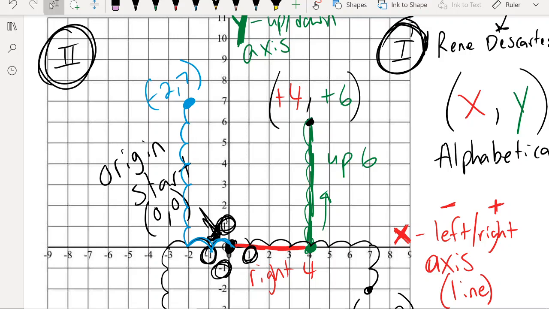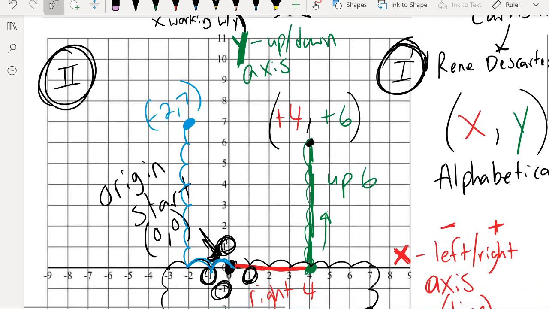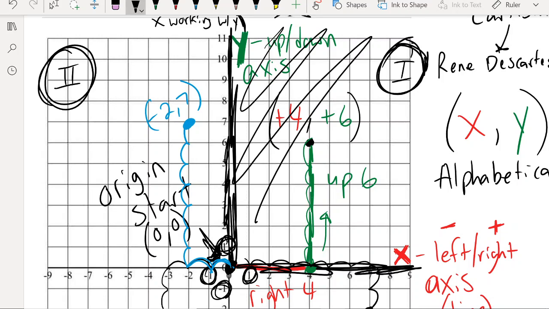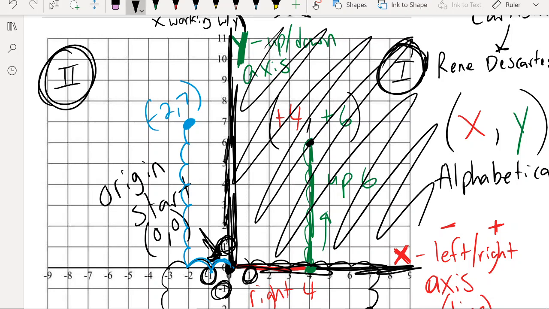If you let the x and y axes chop up your grid, it chops it up into 4 quadrants, right? 4 sections. So here's one right here. All of that.